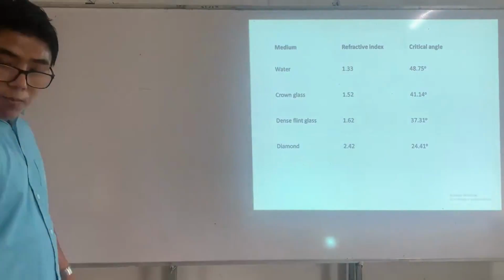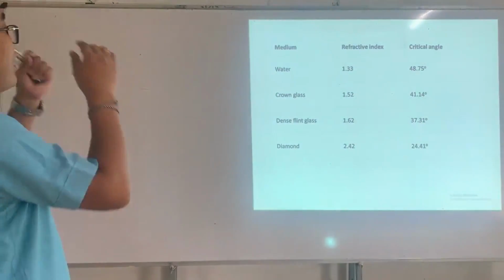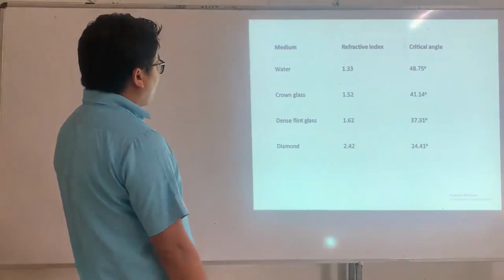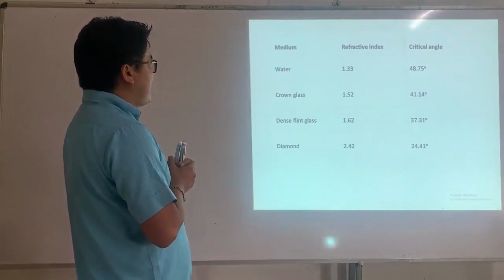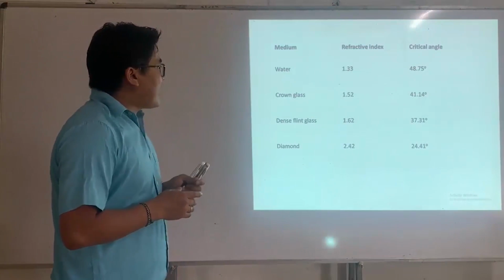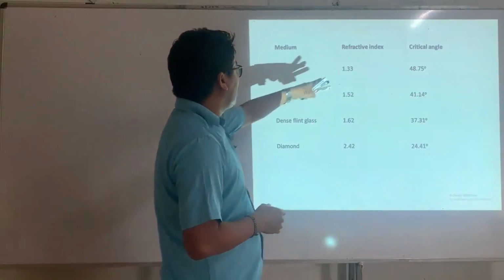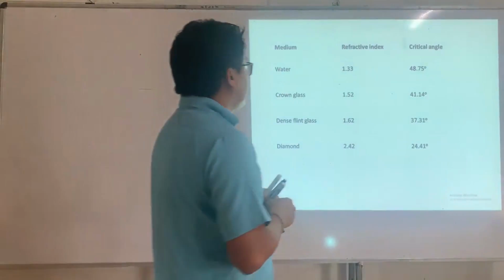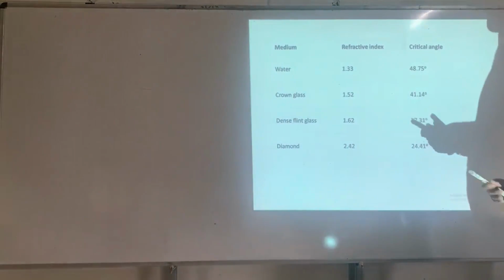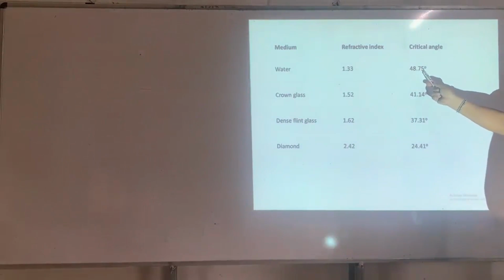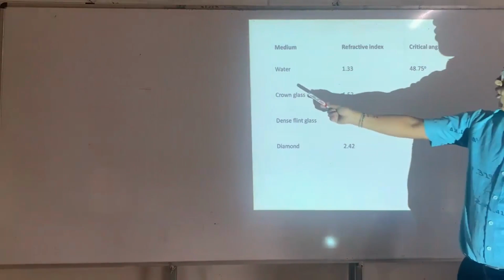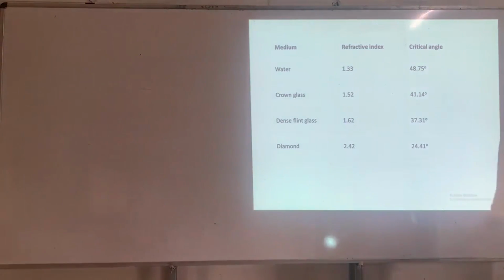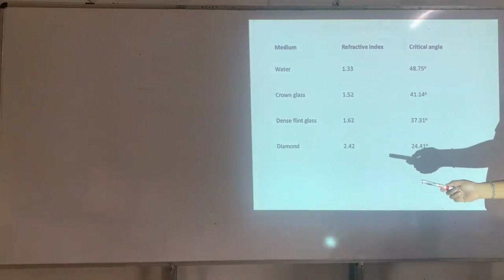Look here, but before that I would like to go through the refractive index of a few different media. Water has a refractive index of 1.33 and its critical angle is 48.75. Crown glass has a refractive index of 1.52 and a critical angle of 41.14.